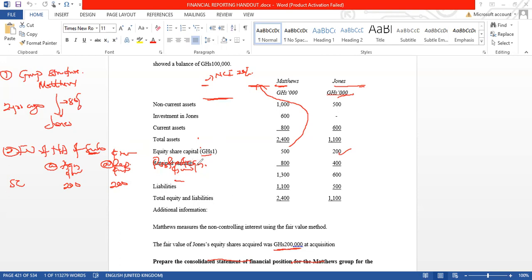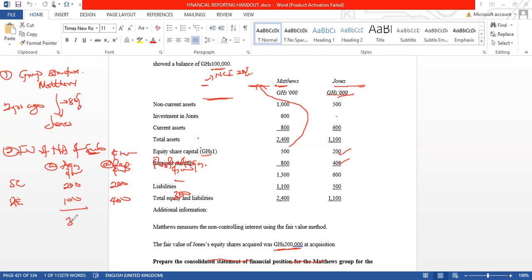What do we also have? Retained earnings in the capital structure. That is where you look. At reporting, it is 400,000. At acquisition, it was 100. So you can clearly see the movement to be 300. There's nothing else under the equity aspect, so you can close this.